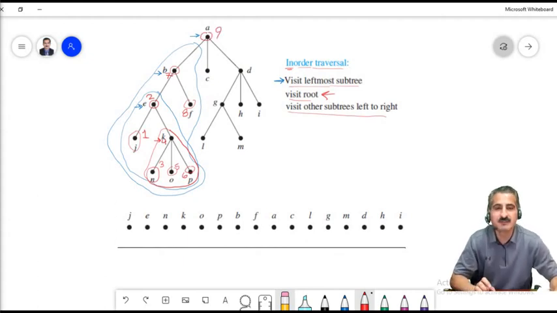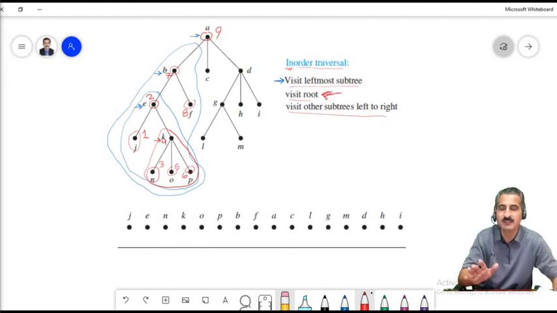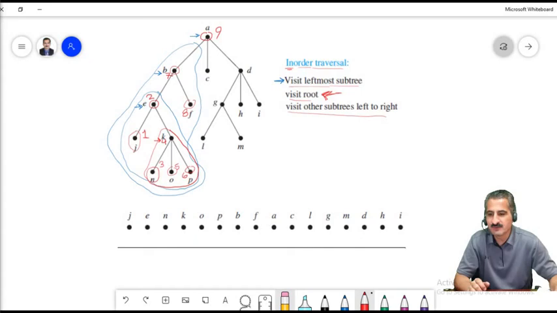Why? Because we have visited all vertices in the leftmost subtree of the root A. Then we go back and take the root again before we visit the other subtrees. Okay, so now we go from left to right.